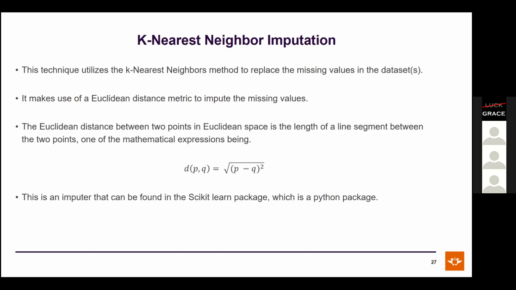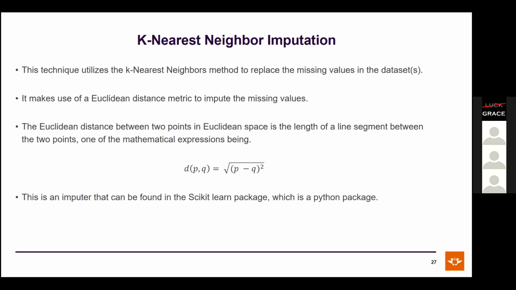And mathematically, it can be expressed as we depict below as dpq equal to the square root of the square of the difference between p and q. So this is an imputer, which is actually a Python package.